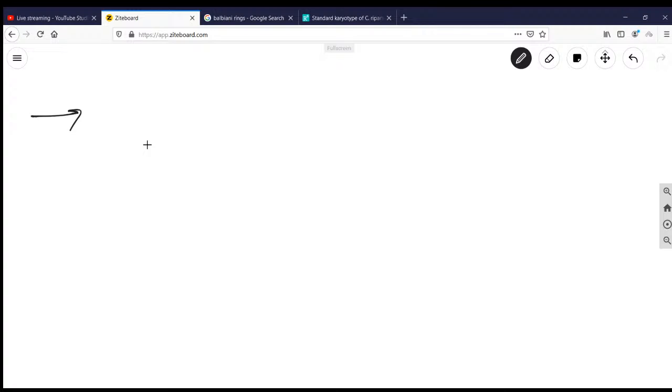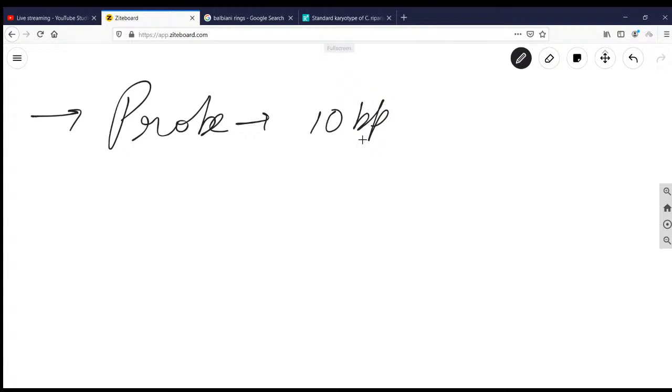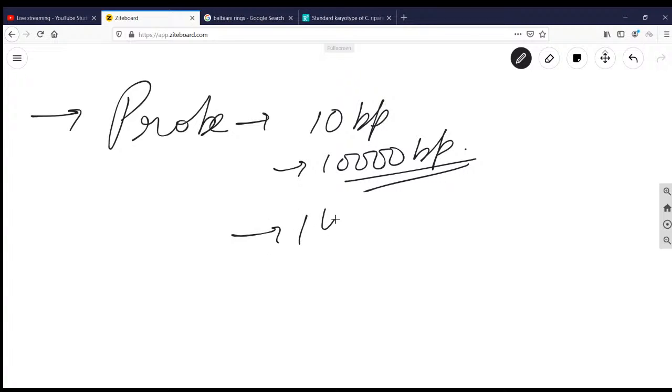The degree of homology between the target and probe results in stable hybridization. The range of a probe could be as short as 10 nucleotides, or as long as 10,000 base pairs, which is an exception. The most common size ranges from 14 to 40 bases, very short sequences.